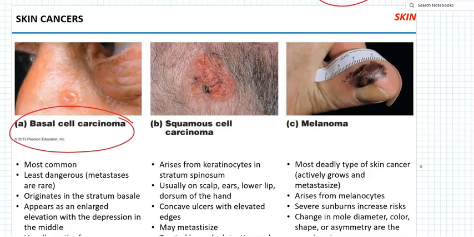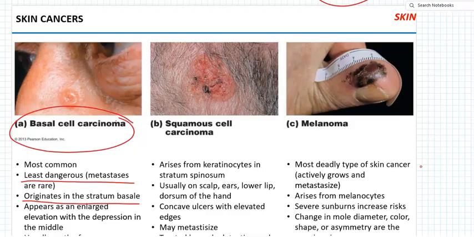You push the cells out of their normal process of division, but not by much. This is the least metastasizing version of skin cancer. Treatment is surgical removal, and it's outpatient. You go into a dermatologist's office, they just burn it with laser and then go back. It originates in the stratum basale. Mostly on the face.